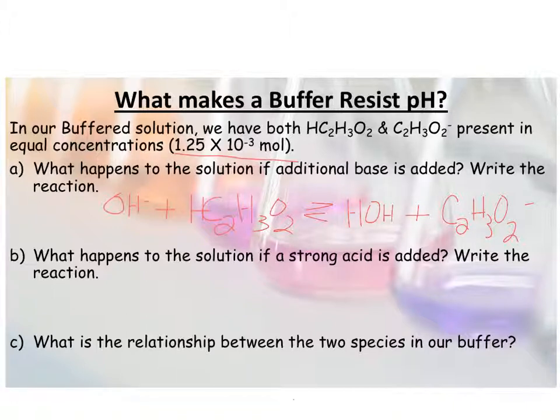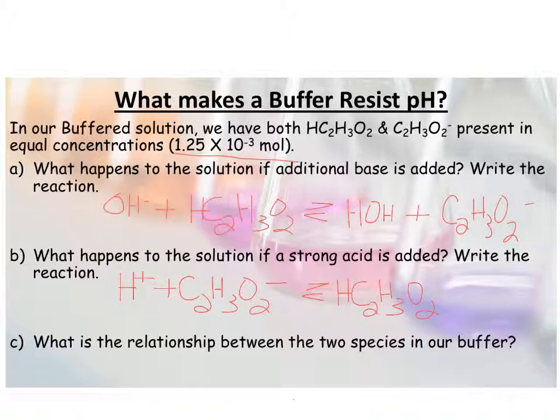All right, now in converse, if we were to add acid to this solution, a strong acid, so it's giving us all H pluses, then our conjugate base would be grabbing a hold of that H plus and producing more of the bound weak acid.